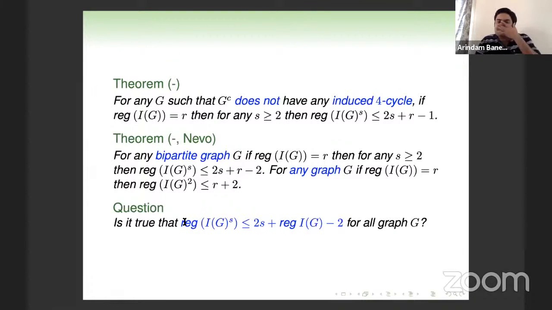People used techniques developed in my thesis as well as other techniques, but I would really love to see a solution of this. I think the solution of this problem needs one more push, and that will open up further directions in edge ideals.